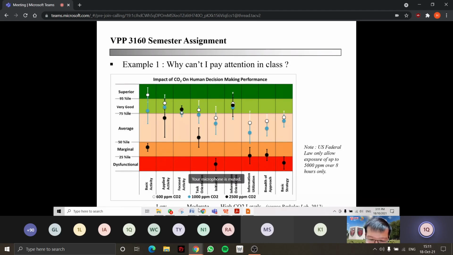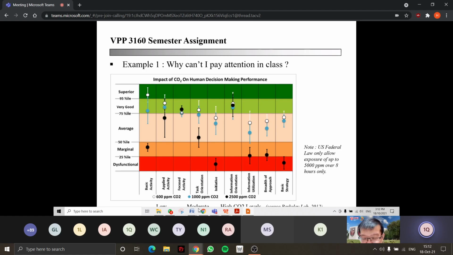You can see here, the dots in blue are 1000 ppm of CO2, the dots in black are 2500 ppm of CO2, and the dots with white center are 600 ppm of CO2. And in the US, they actually have an occupational safety law to limit the exposure of CO2 to 5000 ppm over 8 hours daily. In Malaysia, no, we don't measure this.